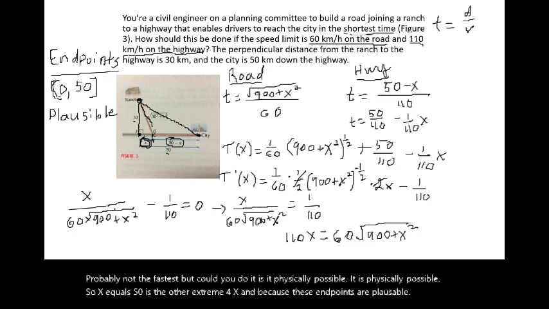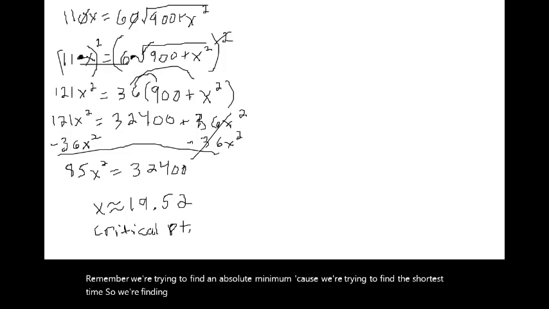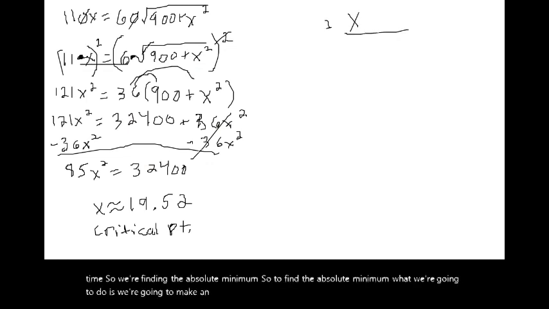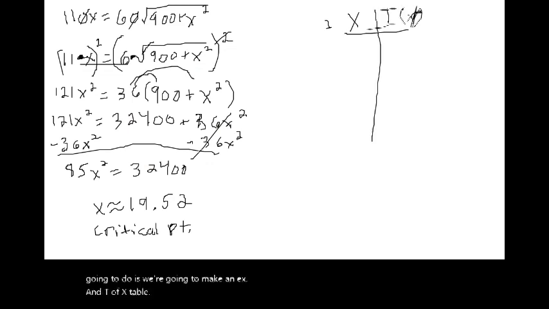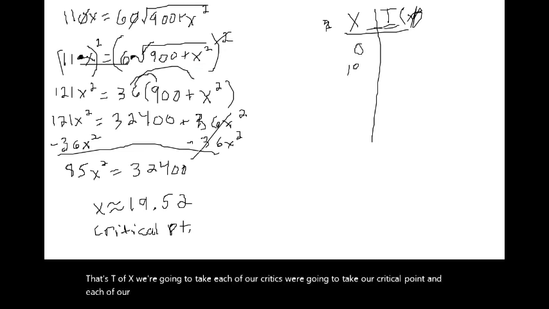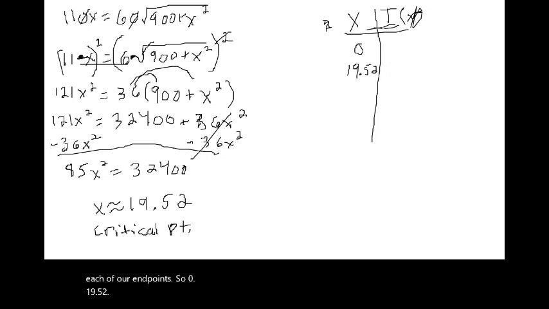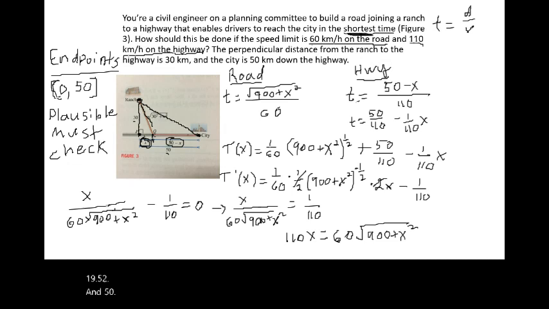Remember, we are trying to find an absolute minimum because we're trying to find the shortest time. So to find the absolute minimum, we're going to make an x and t of x table. We're going to take our critical point and each of our endpoints, so 0, 19.52, and 50. You are going to plug each of them into the total time equation, this t of x.